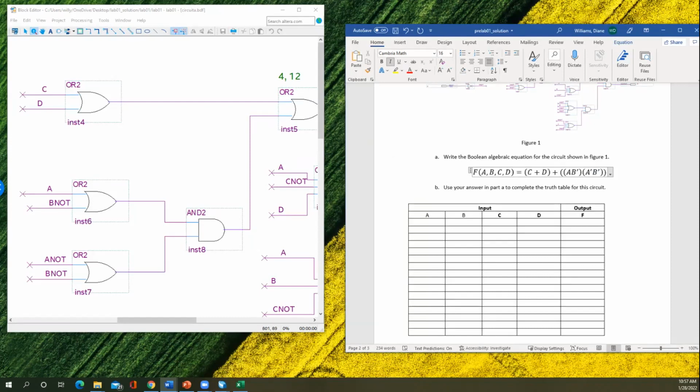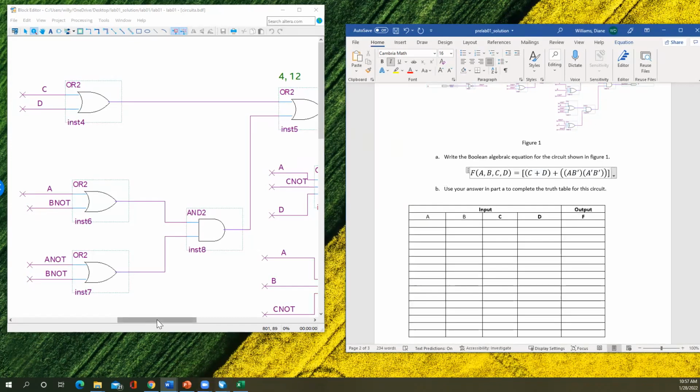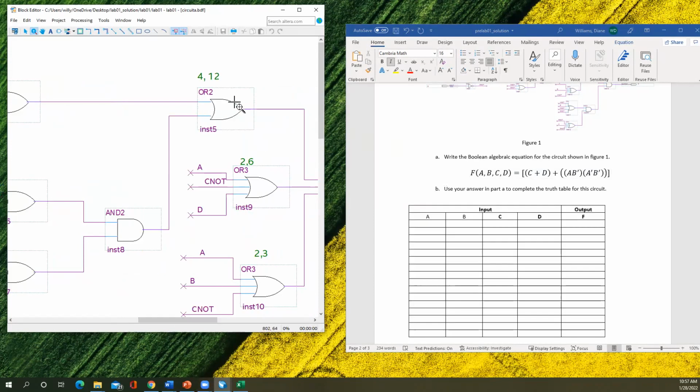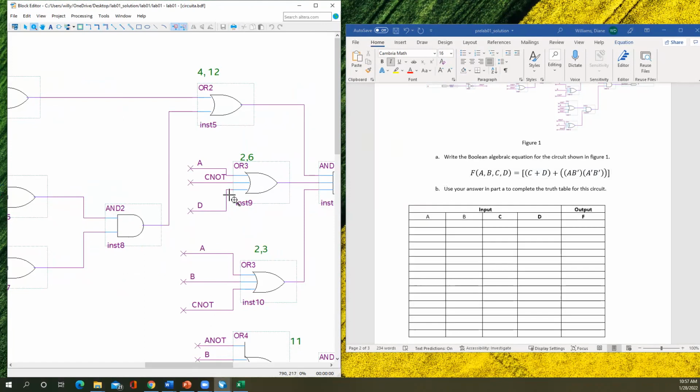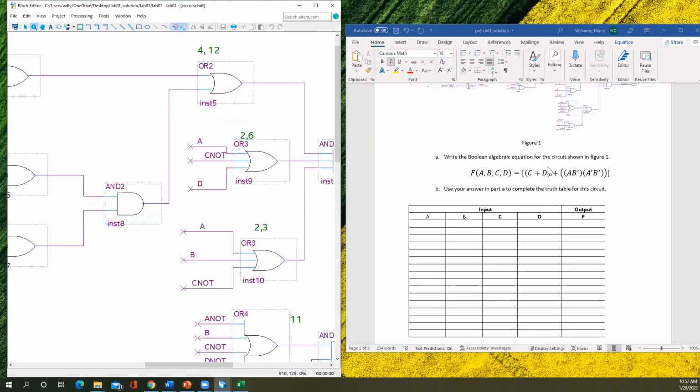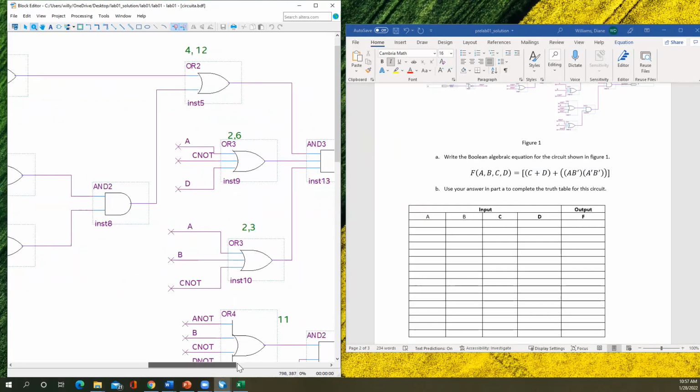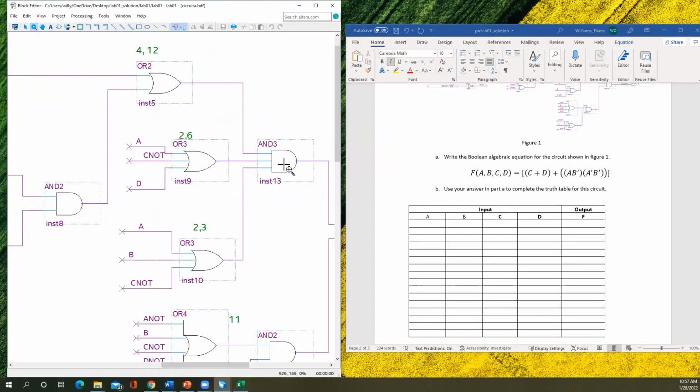Again, if I put a square bracket here, that gives us the input to this OR gate. And if we continue on this level, this whole term will eventually flow into this AND gate. So we've got one term in that relationship here.